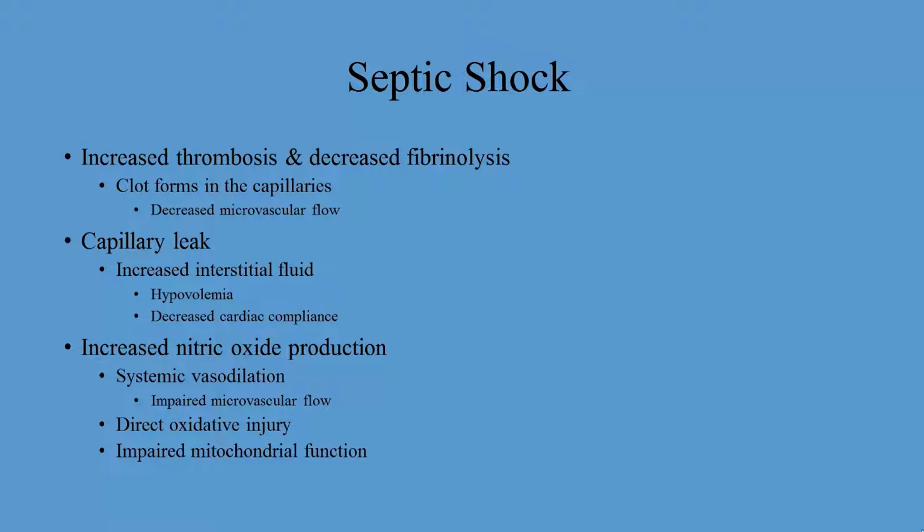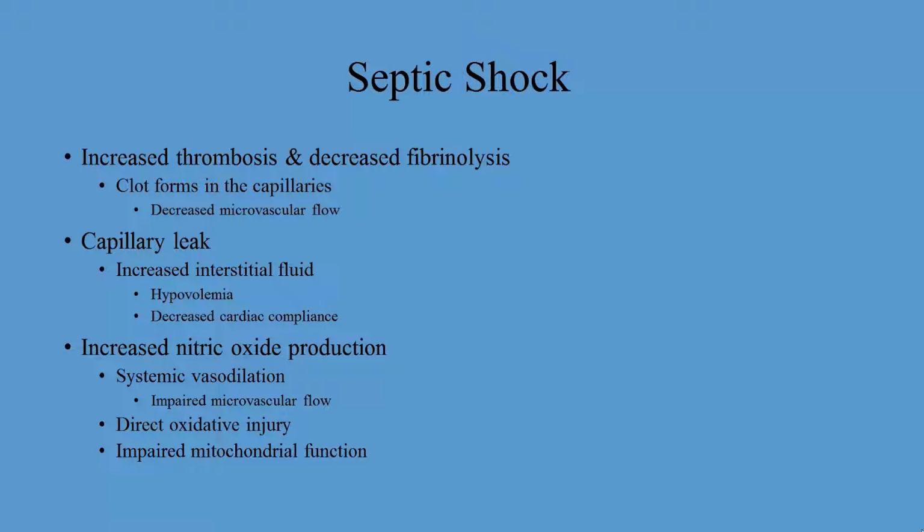And so eventually you'll get some clot formation in the capillaries, which is going to decrease microvascular flow, thus impairing tissue perfusion. In addition, we get a capillary leak, which leads to increased interstitial fluid, and that fluid leaking out of the intravascular space is causing hypovolemia. So you get an element of hypovolemic shock with sepsis.